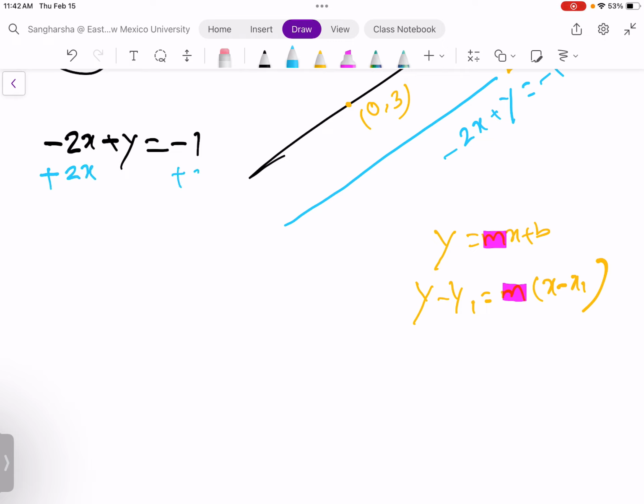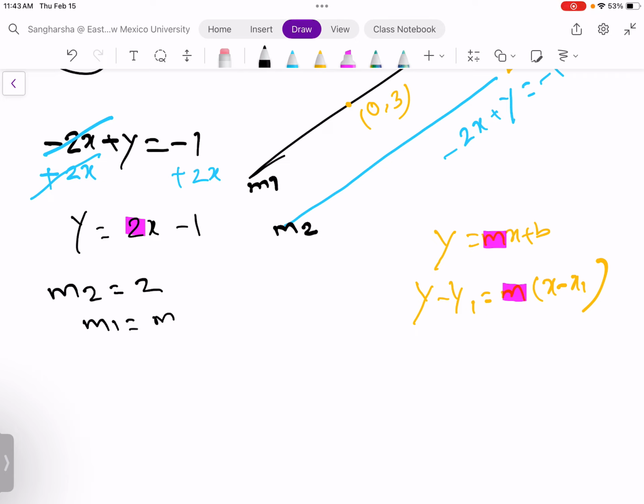On the left, these cancel, and we have y equals 2x minus 1, and the coefficient of x is the slope for line 2. So the slope of line 2, m2, is 2. Since these two are parallel, 2 is the slope for our line 1. So m1 is also 2 because these two are parallel.